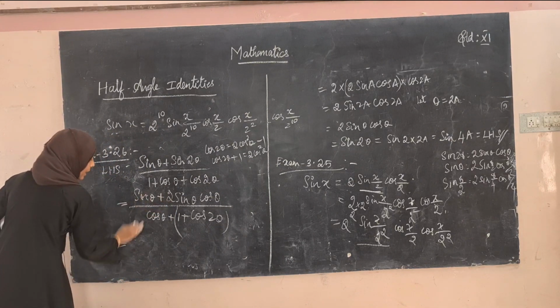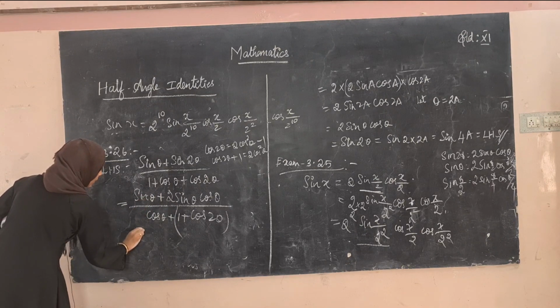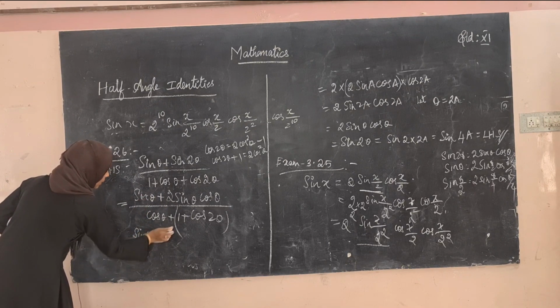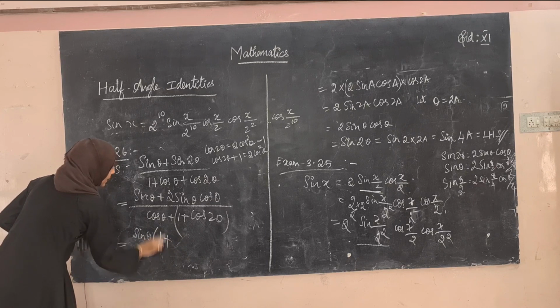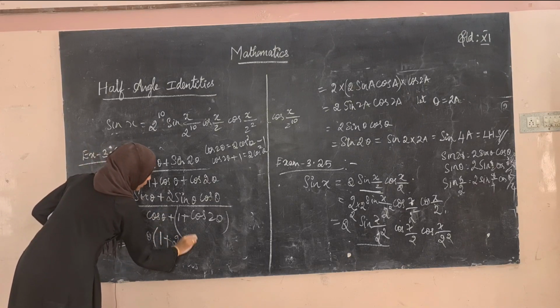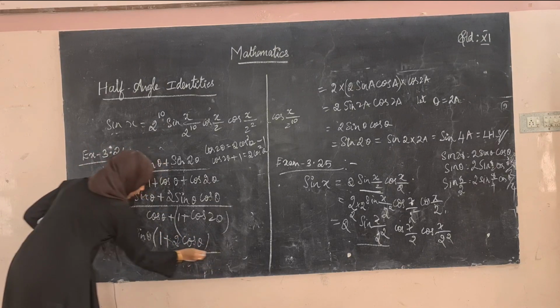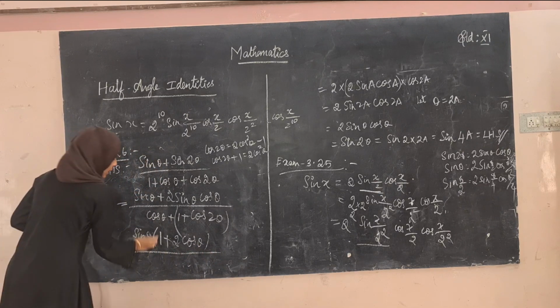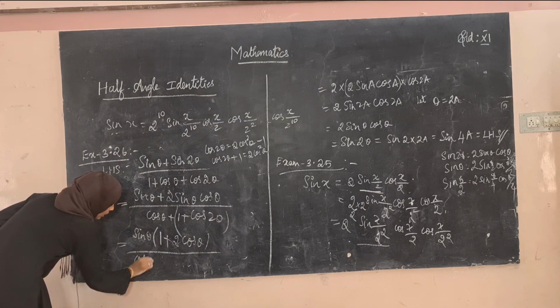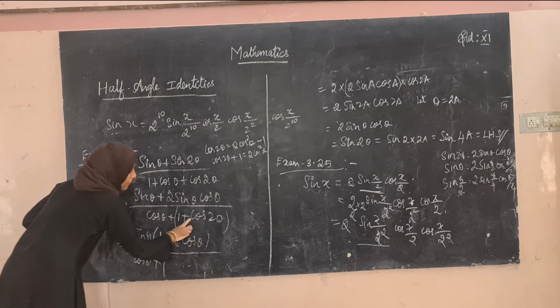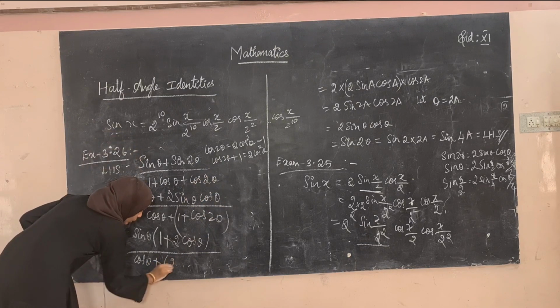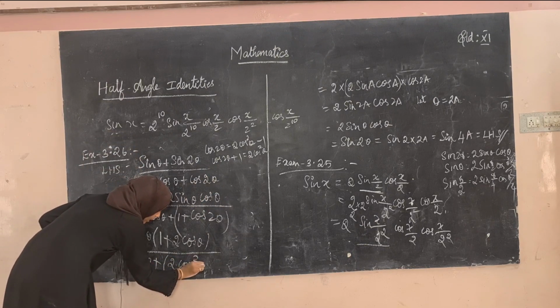Take sin theta outside the numerator, you will be getting sin theta into (1 plus 2 cos theta), the whole divided by, so here cos theta as it is, cos theta plus 1 plus cos 2 theta can be written as 2 into cos square theta.